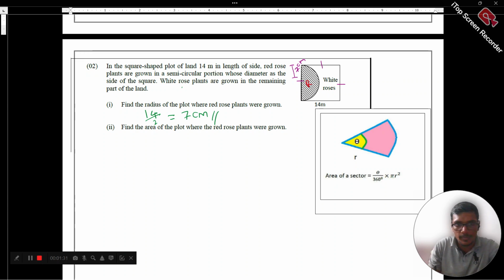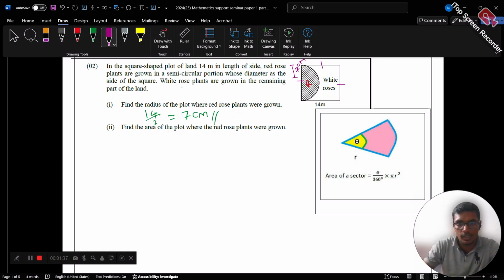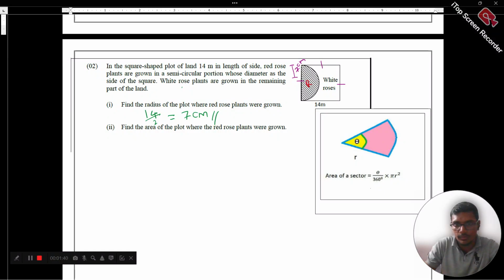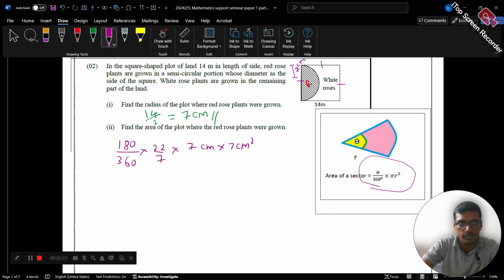Second one, find the area of the plot where the red rose plants were grown. To find the area, we should use the formula. Area of the sector will be theta over 360 times pi r squared. Theta value will be 180. So 180 over 360 times pi, which is 22 over 7, times r, which is 7 times 7, because it's r squared.